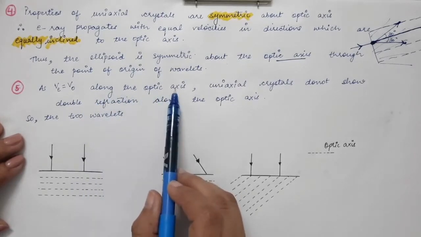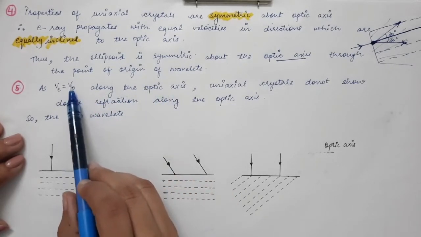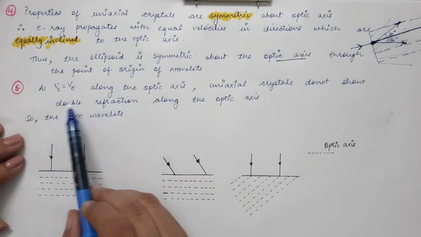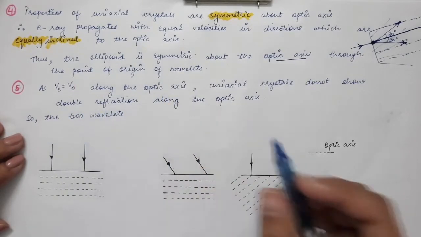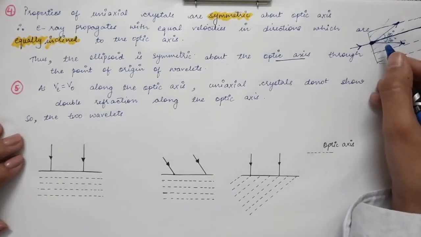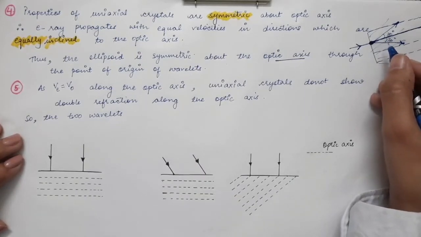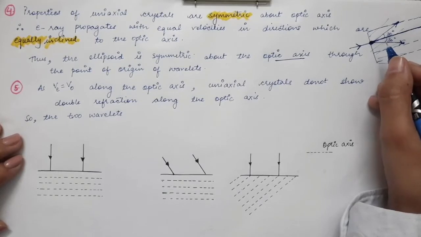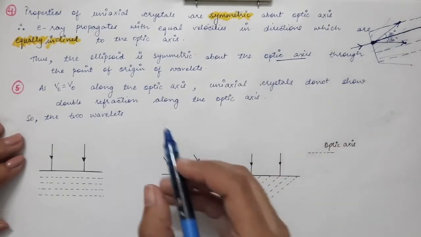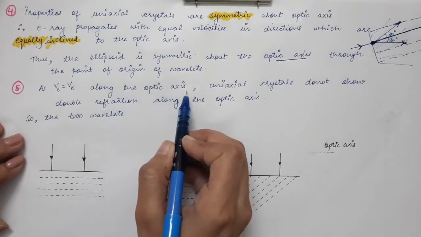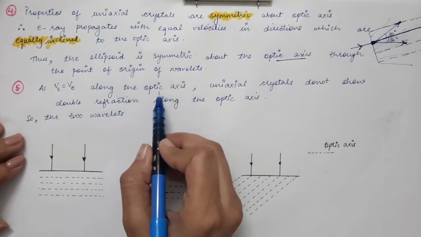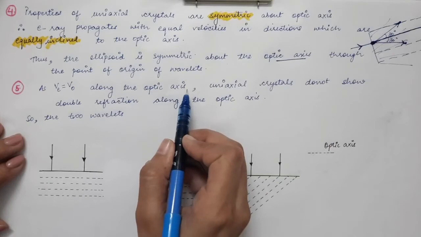But along the optic axis both rays travel with the same velocity. Therefore, both the spherical and ellipsoid wavelets will touch at points along the optic axis.